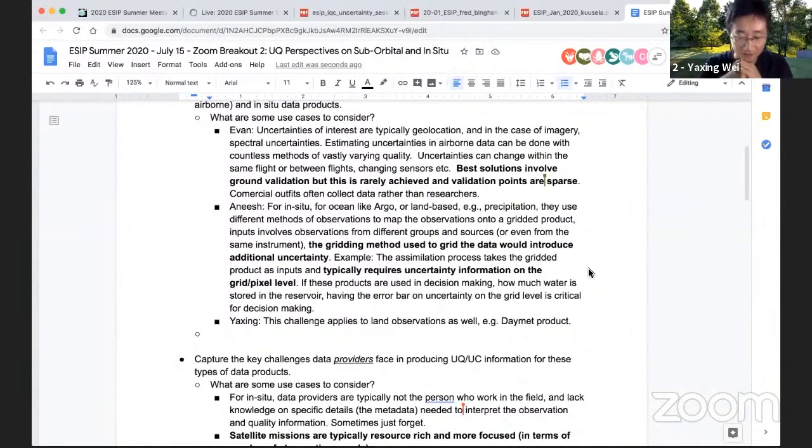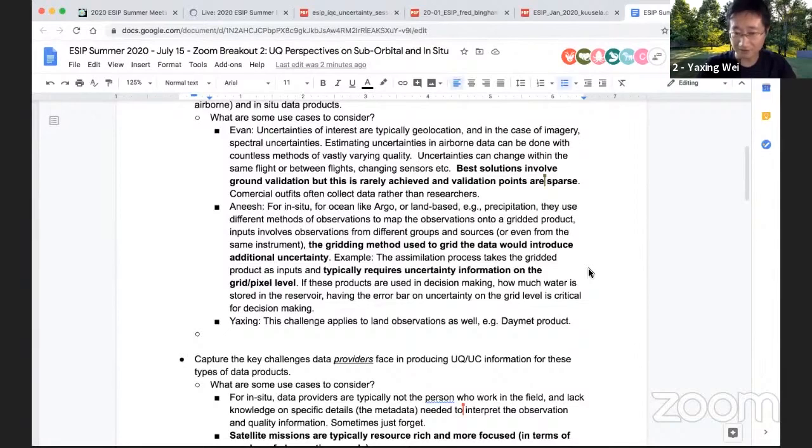Another topic I want to bring up is we came to a consensus that it's a typical need to create gridded products from ground-based in-situ observations. And Anish gave an example for the ocean observations, and the same need and the same challenge applies to the land observations.